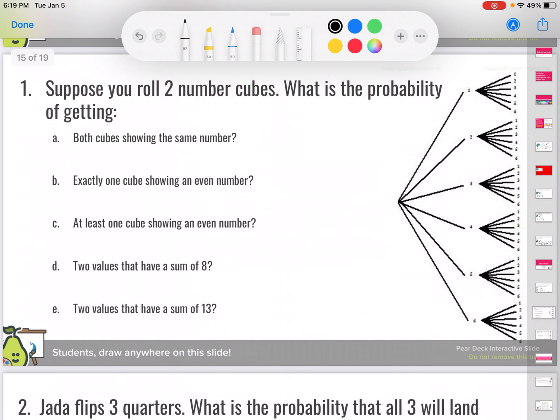All right, so suppose you roll 2 number cubes. What is the probability of getting both cubes showing the same number? Okay, so I put in a graphic here of a tree diagram that shows this. So both cubes showing the same number.